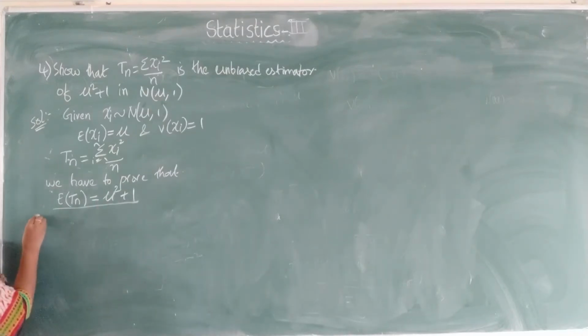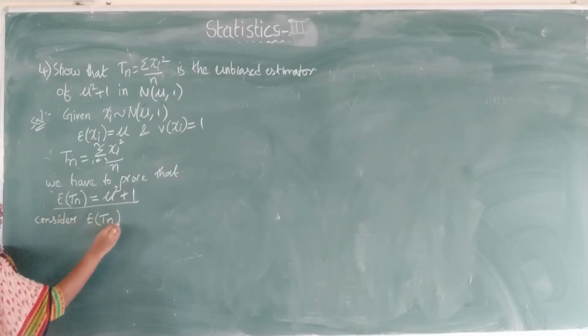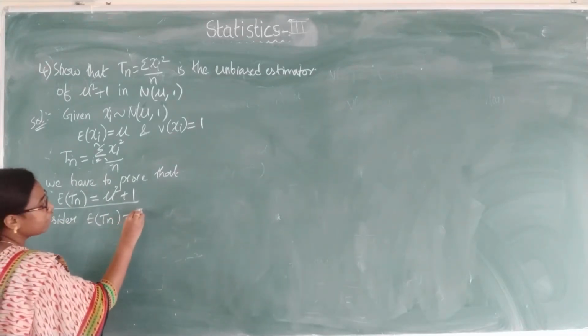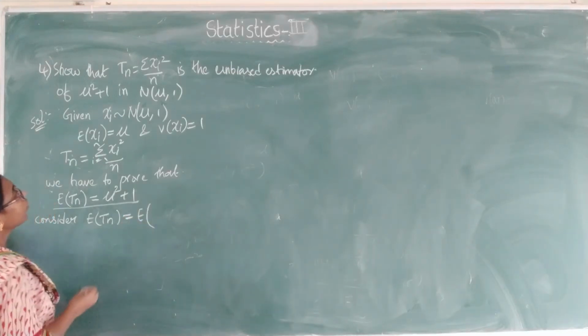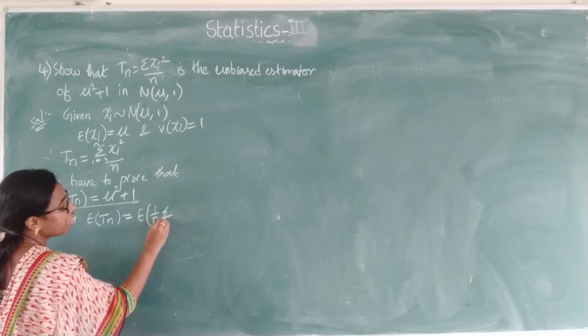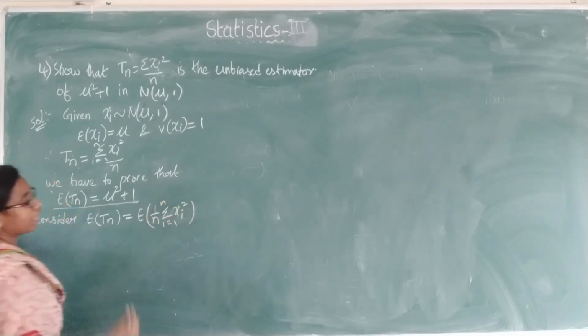So first consider expectation of Tn. Substitute the Tn value: expectation of Tn is 1 by n summation i equals 1 to n xi square.